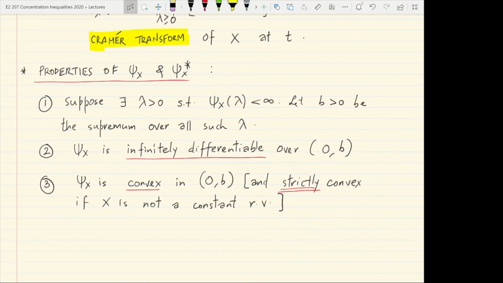Okay, we'll move forward to list some properties of these functions that we have introduced, the cumulant generating function as well as the Cramér transform function of x.